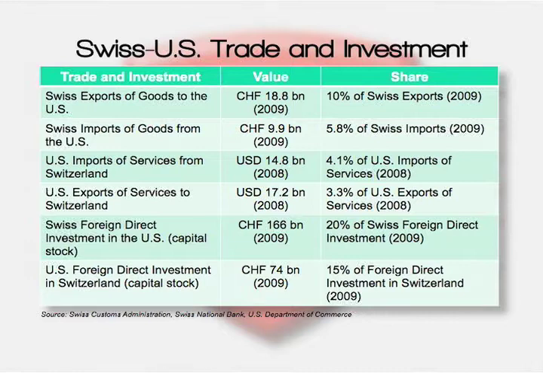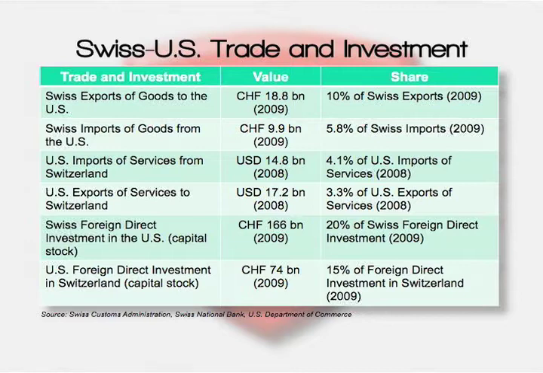Also important is the trade in services. If you look at the numbers, they are quite substantial. And the trade in services includes primarily financial services, but also tourism and corporate services.